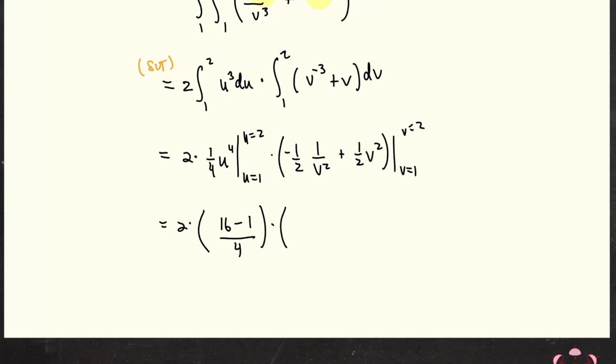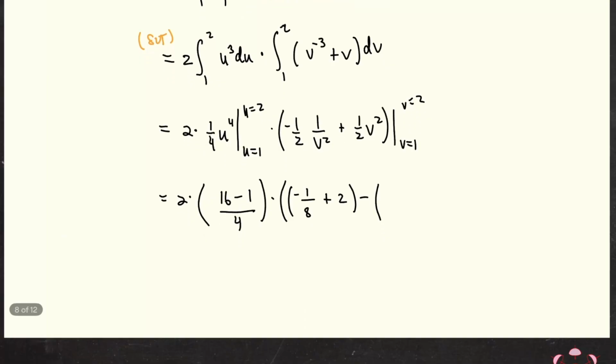Okay, what about plugging in v equals 2? So we're going to get, so 2 squared is 4, 4 times 2 is 8, negative 1/8, plus v squared, so that's 2 squared, that's 4. 4 divided by 2 is 2. Okay, let me do some extra parentheses here so that we can not fumble the football here as we simplify.